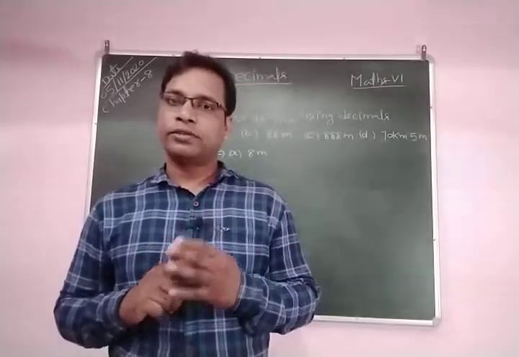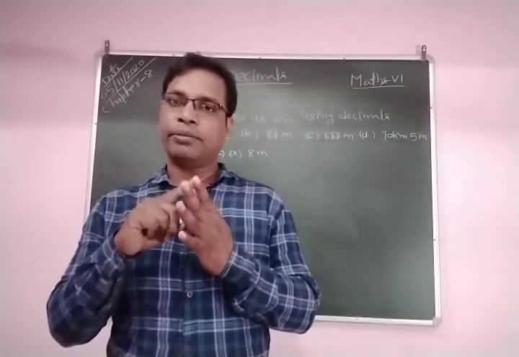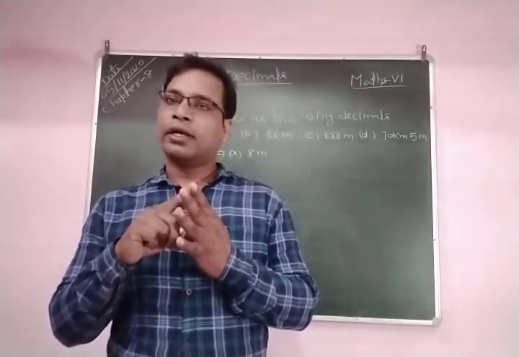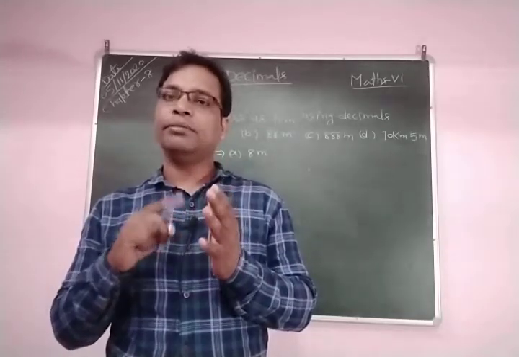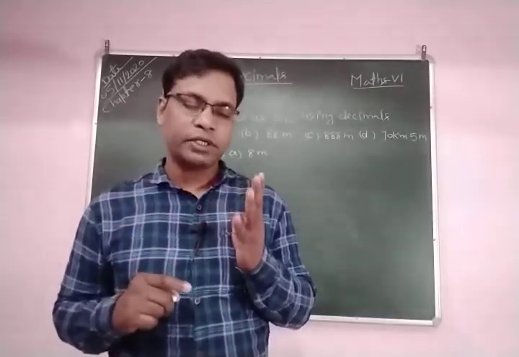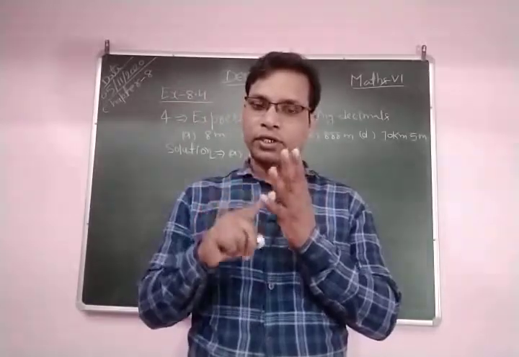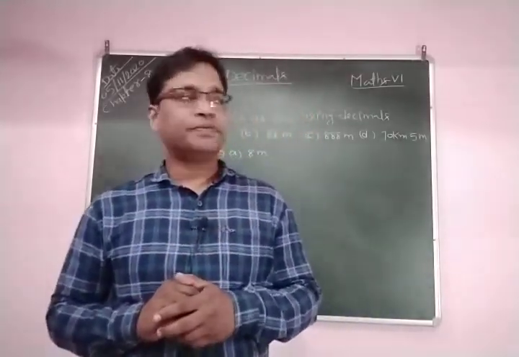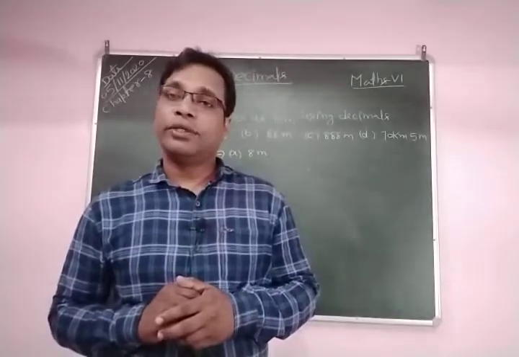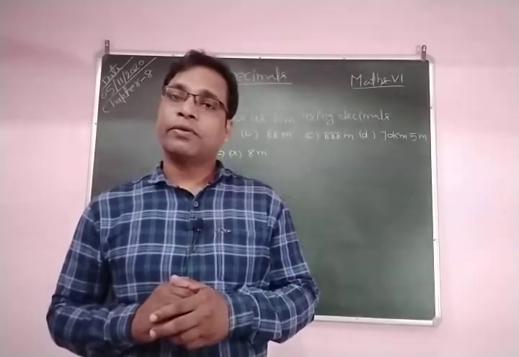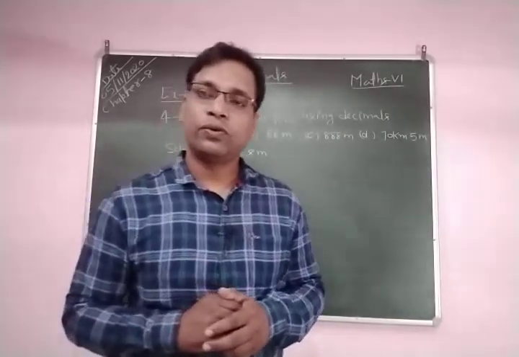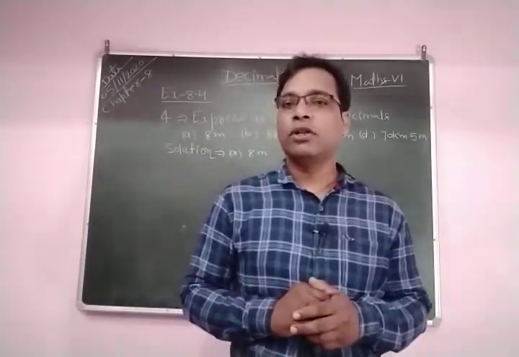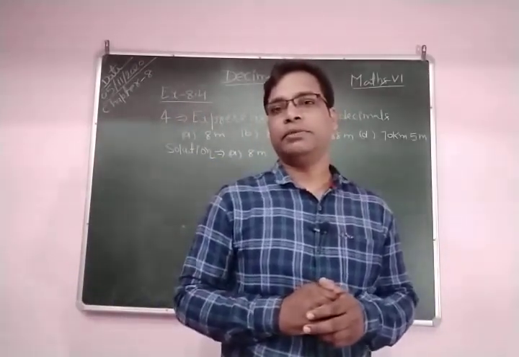Then deci, centi, milli, but here we need to know only kilo, hecto, deca, meters. It means the relation between kilometer and meter is 1 kilometer is equal to 1000 meters, as you know.